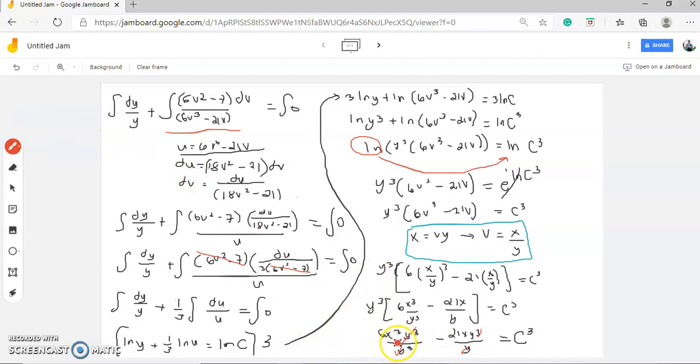6x cube. Then let me erase na lang aning dapita. Okay, erase this one.